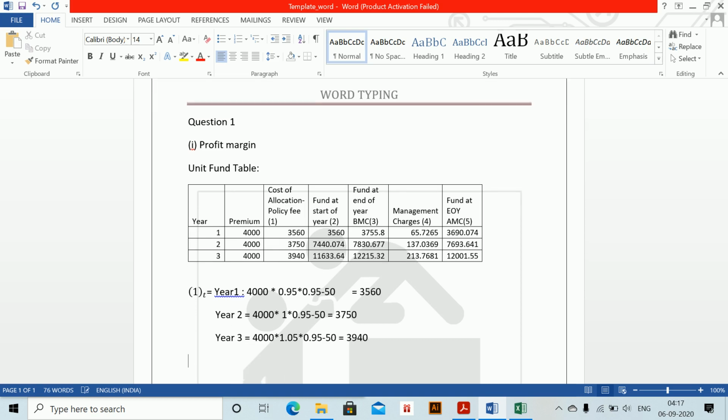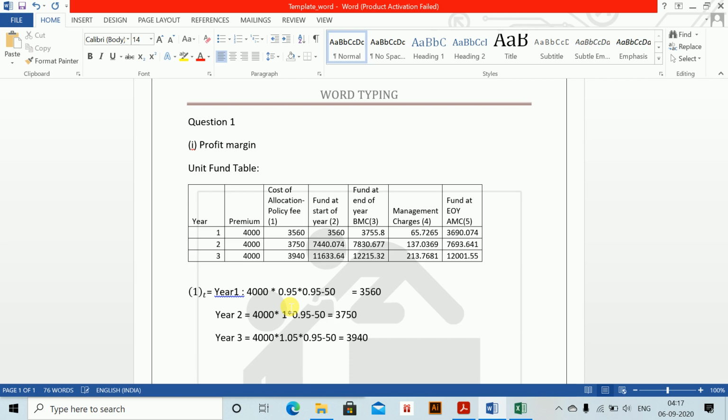Now here, since we had 3 different rates, that is why we had to write all the 3. If you have one particular rate, you can just write one step, that P into cost into your allocation charge into 1 minus bid offer spread minus policy fee gives you this formula. Just need to write the formula.